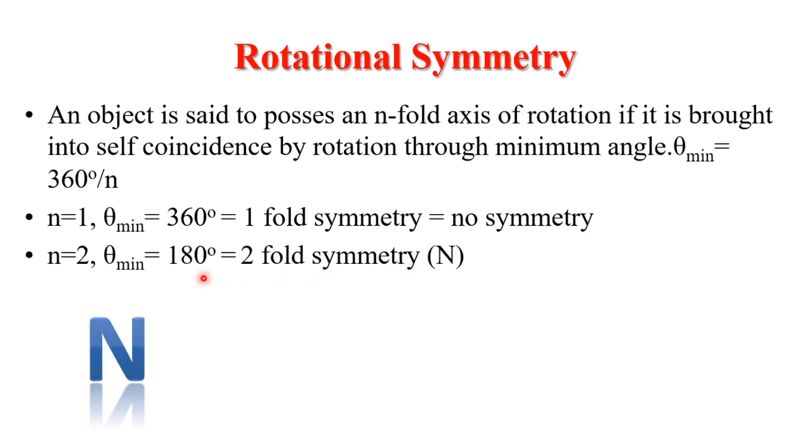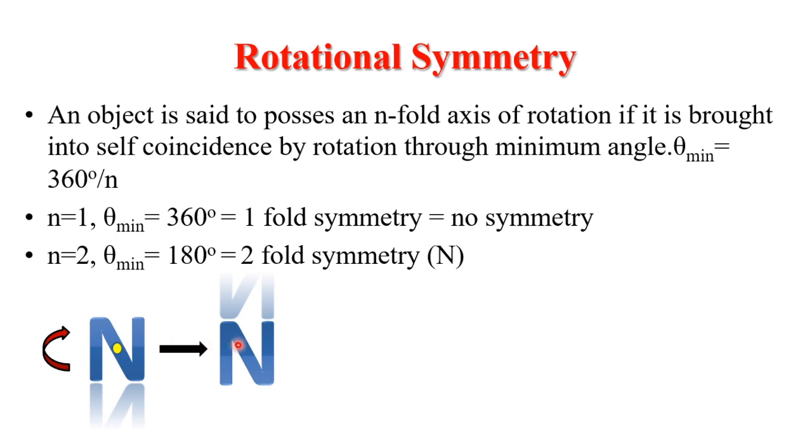For example, the shape of capital N. If we rotate capital N about the given central point by 180 degrees, capital N comes into self-coincidence. But this self-coincidence of capital N will not be witnessed if it is rotated by 90 degrees or 270 degrees.